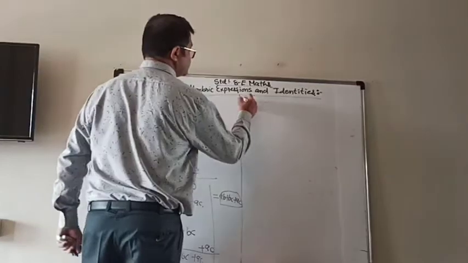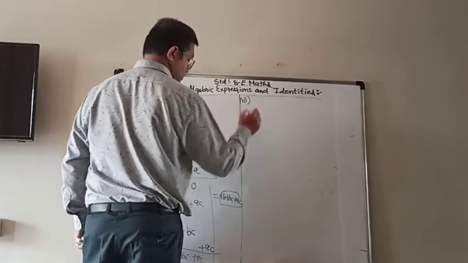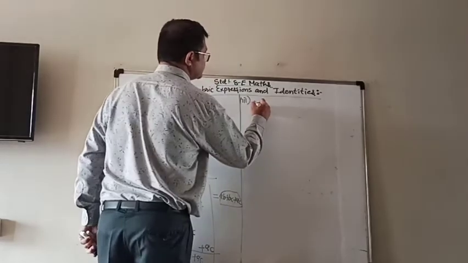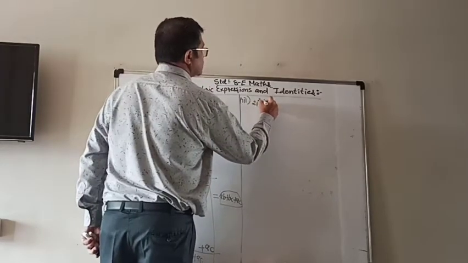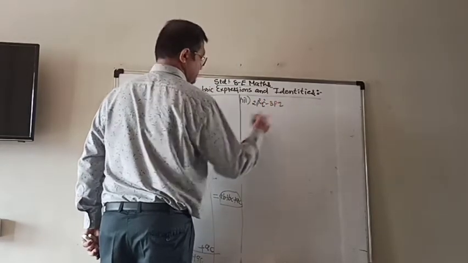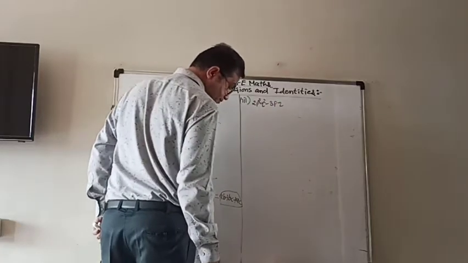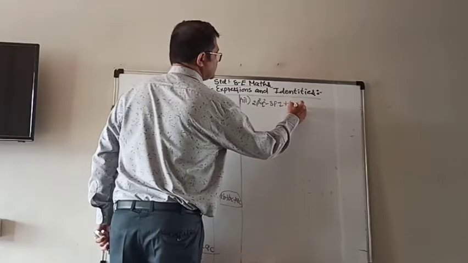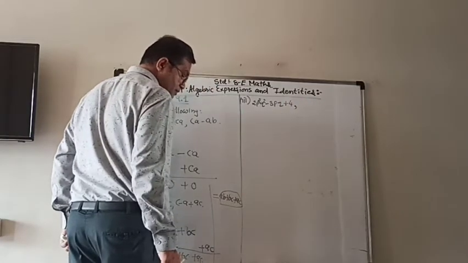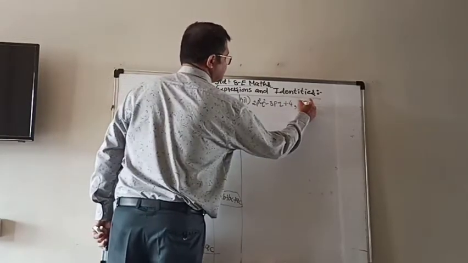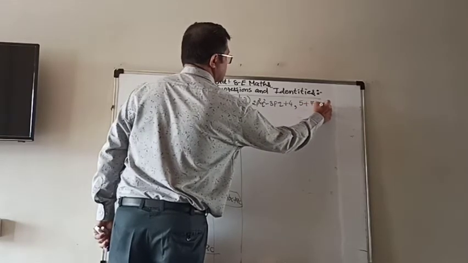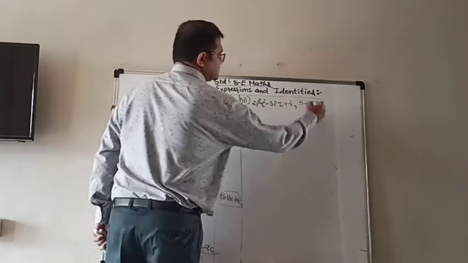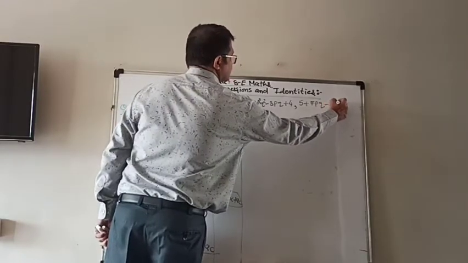Third one: 2p square q square minus 3pq plus 4, comma, 5 plus 7pq minus 3p square q square.